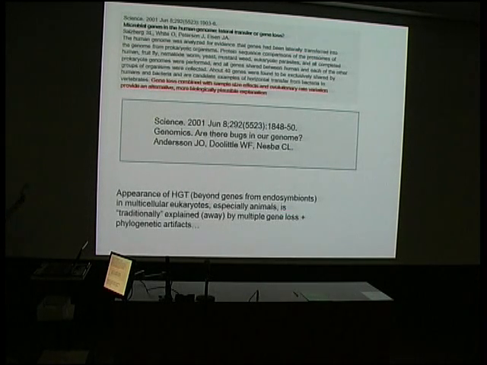Now, that has been vehemently denied by many people. And the consensus has been more or less established that the appearance of horizontal gene transfer beyond genes from endosymbionts in multicellular eukaryotes, most especially in animals, can be satisfactorily explained away by multiple gene loss and artifacts of phylogenetic analysis.